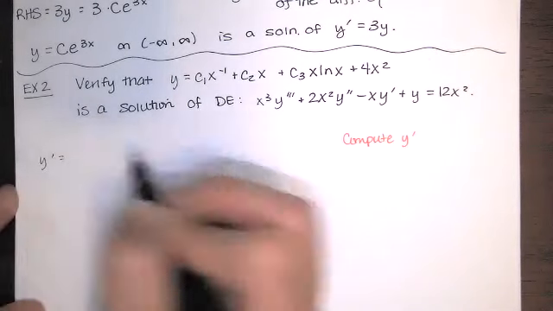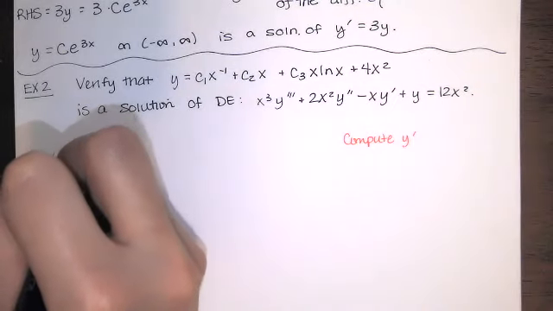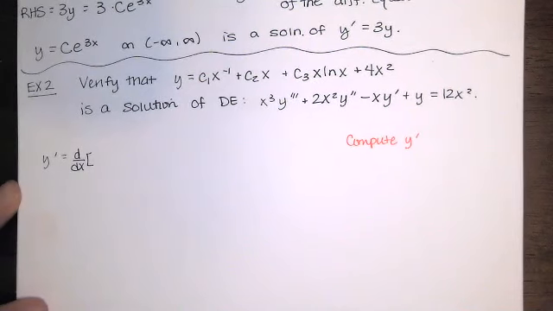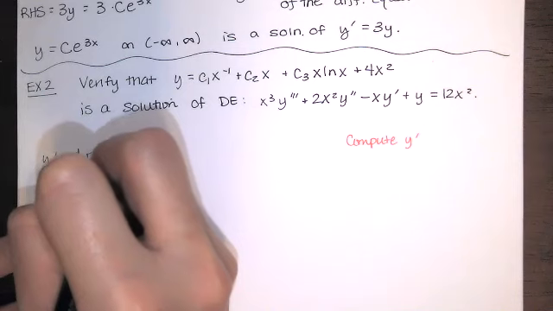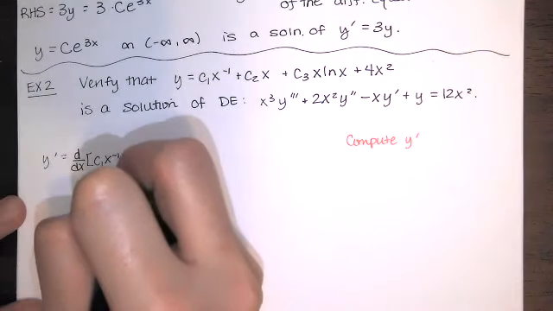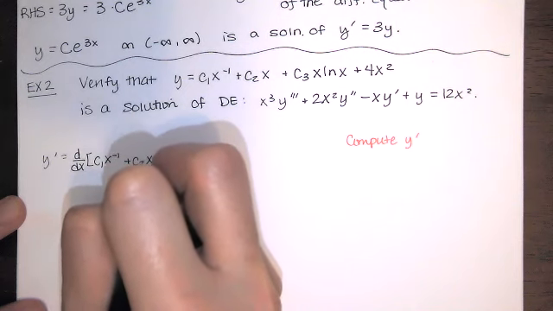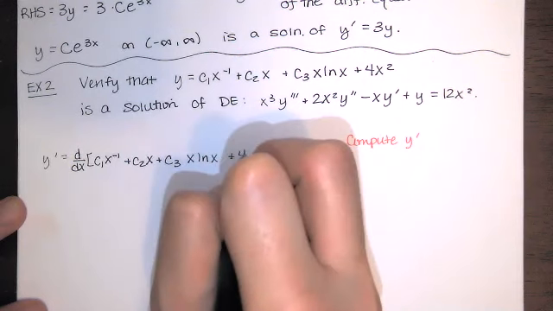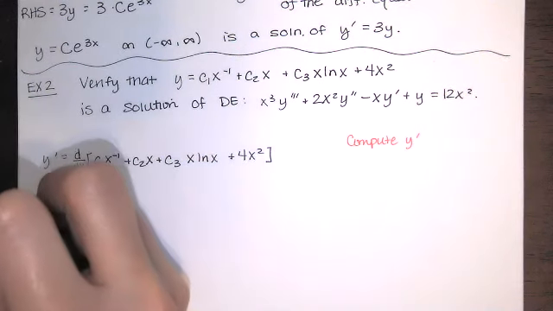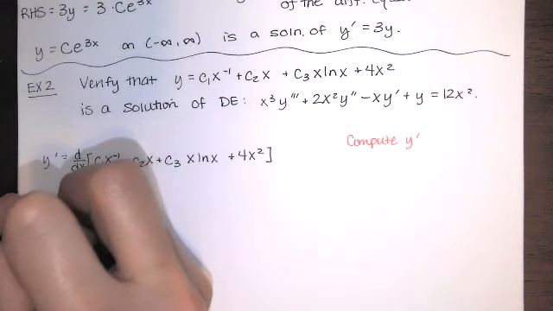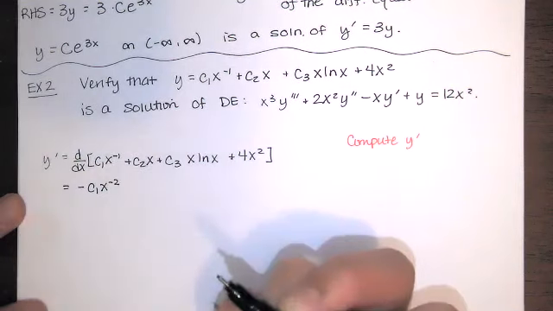So we've got y, it's up there, and the assumption is that C1, C2, and C3 are constants. So those are just generic constants, arbitrary constants. So we have a constant times x to the -1 plus a constant times x plus a constant times x times natural log of x plus 4x squared. The derivative of a constant times x to the -1 is that constant times -1 times x to the -2.